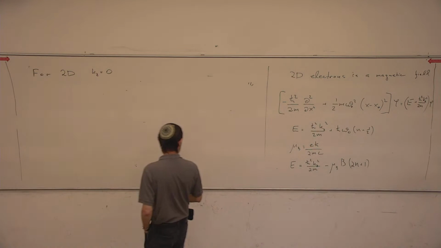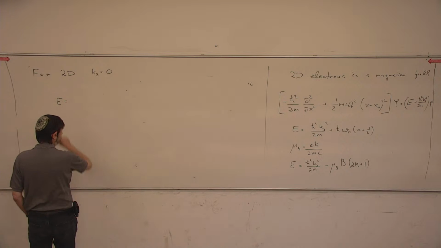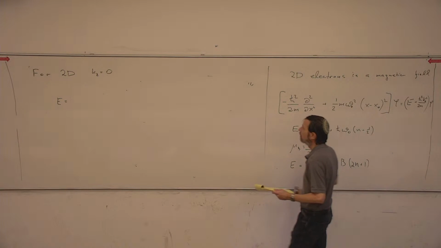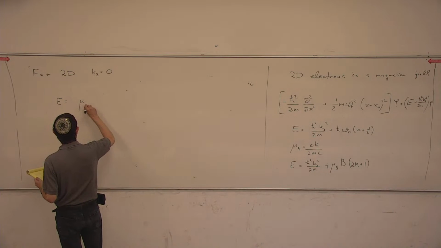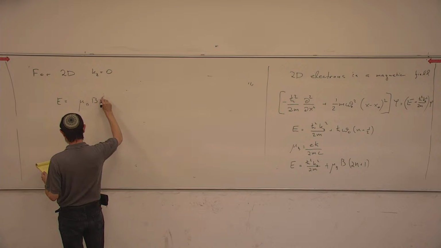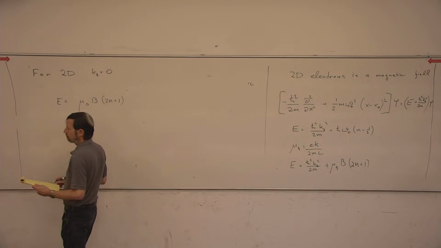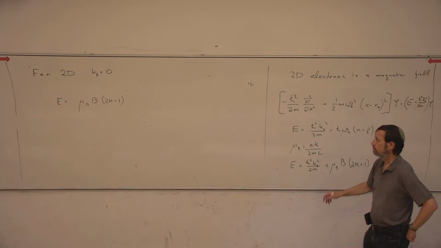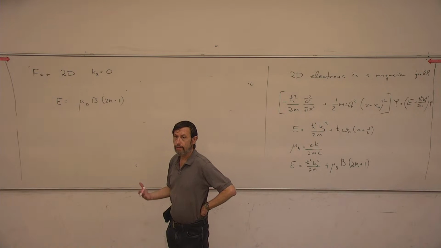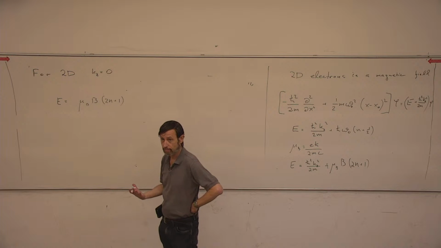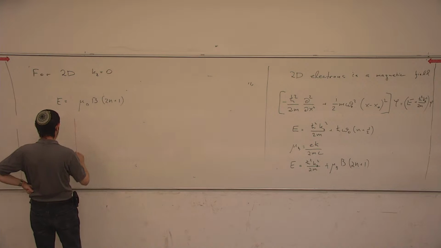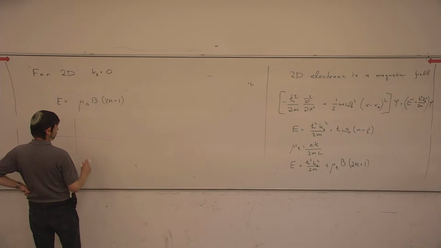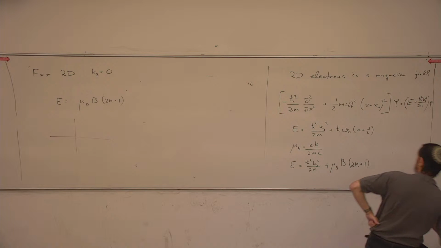So I can rewrite this, of course plus. So what are the available states?